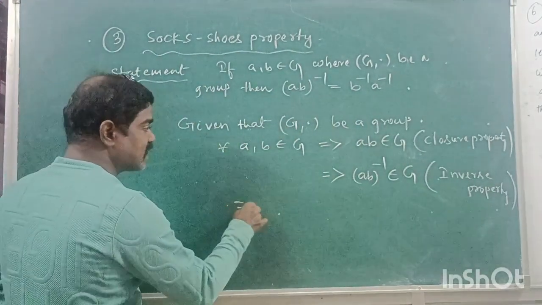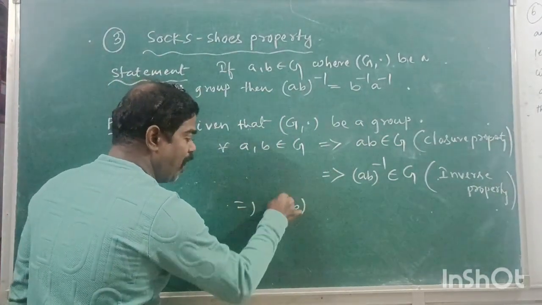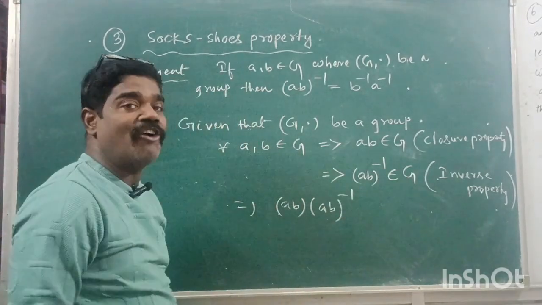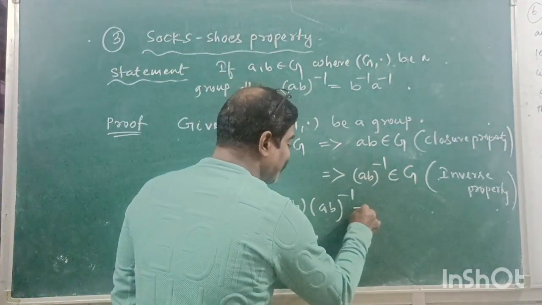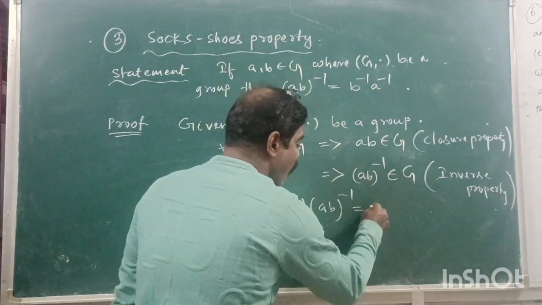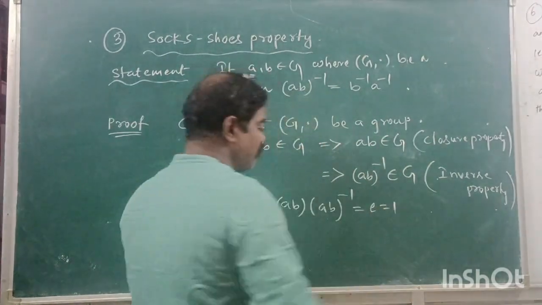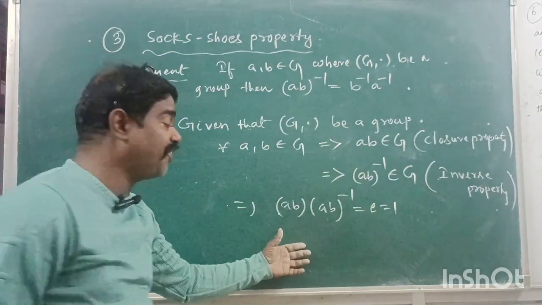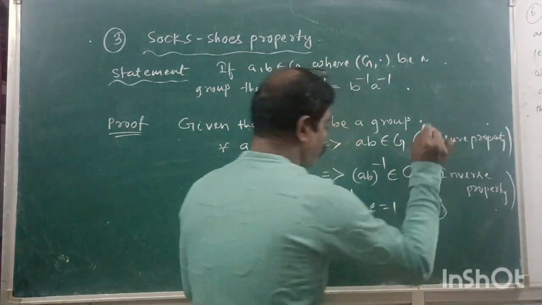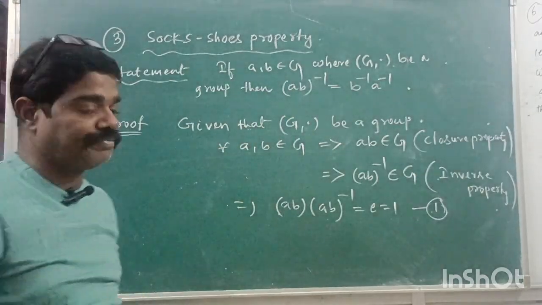This implies AB into (AB) whole inverse, how much? Identity element, that is equal to E. E is equal to how much? 1. That is equal to 1. Understand or not? Give equation number 1. Okay? Fine. Write down.